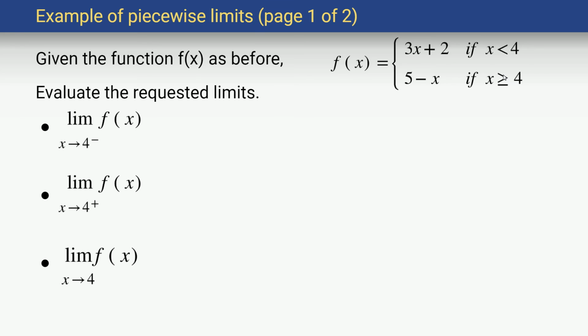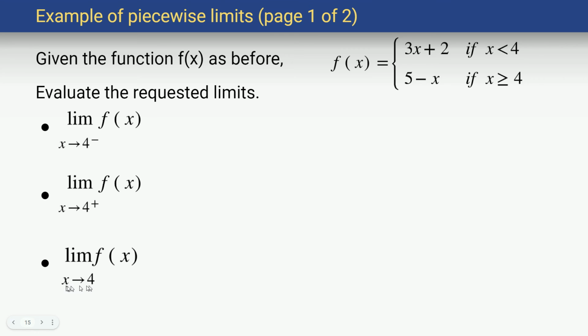So what do we do? Basically what you do is very simple. Replace the f of x with the appropriate function. So when you do the limit as x approaches 4 from the left, replace this f of x with 3x plus 2. When you do the limit as x approaches 4 from the right, replace f of x with 5 minus x, because x is greater than or equal to 4 when you're on the right-hand side of 4.